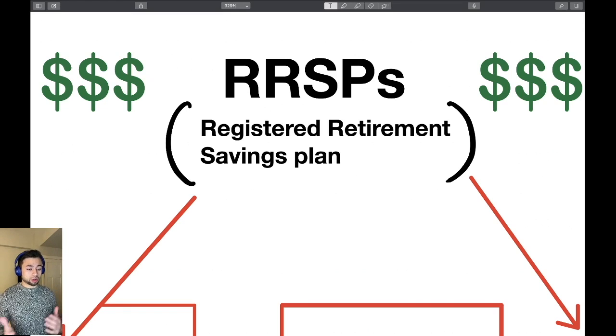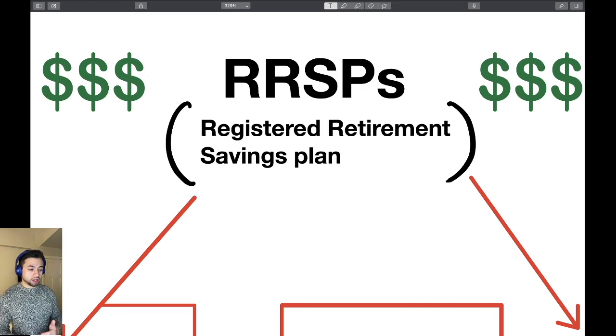RRSP accounts are all about tax deferrals. Whereas the TFSA is an account where you can exempt yourself from paying taxes, independent of the amount and the period of time, within a certain limit of contributions, the RRSP account works a little bit differently in that the contribution room is a little bit bigger, but you at some point will also have to pay taxes on those funds.